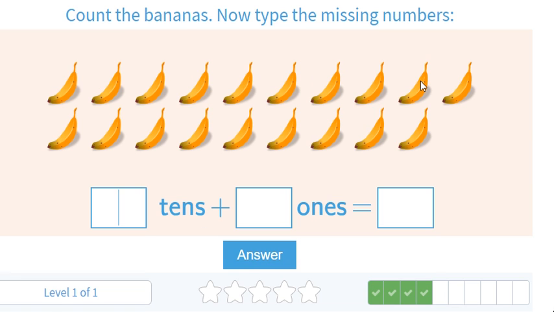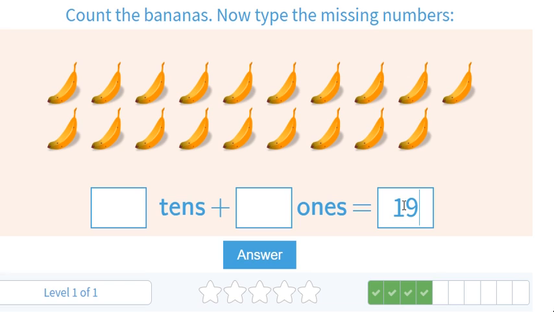So we're going to count the bananas this time. We know the top group is a group of 10s, so we can say 10 and count on. 10, 11, 12, 13, 14, 15, 16, 17, 18, 19. So we know that we have 19 bananas in all. So the number 19 is going to go right here.